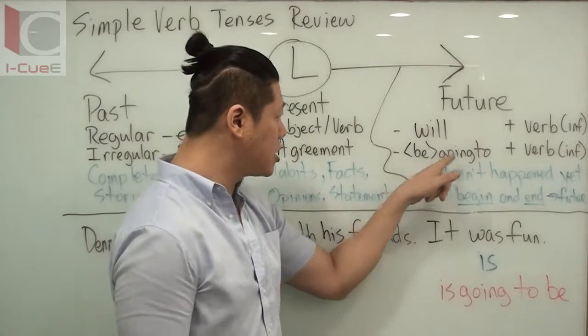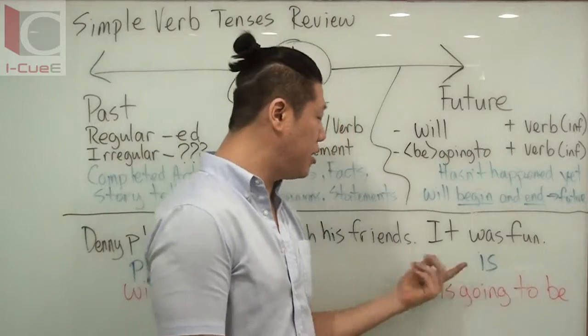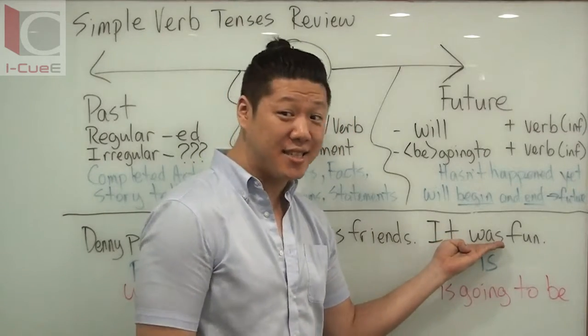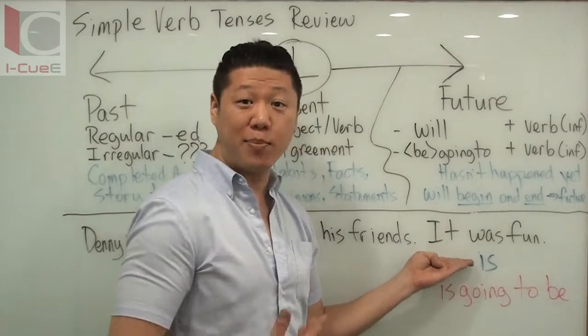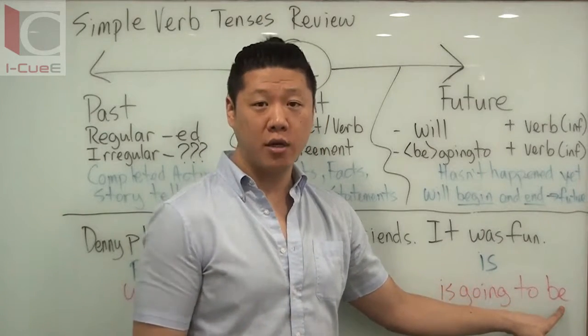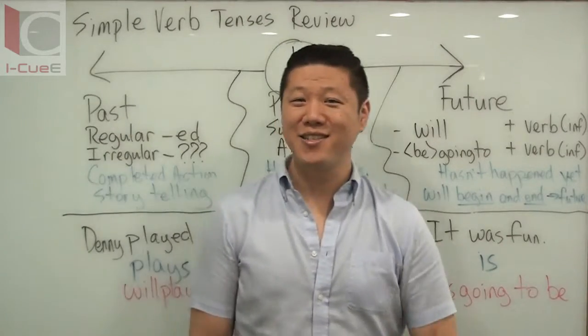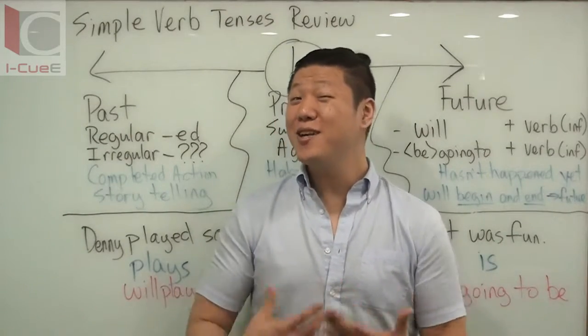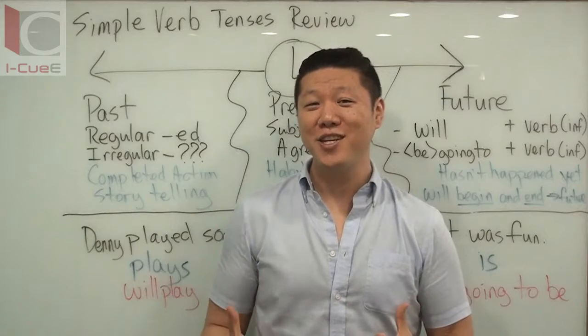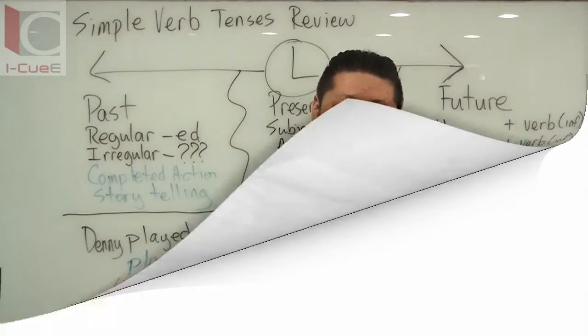So it is going to be is my infinitive that I'm using in this sentence, because was is the past tense of be, is is one of the present tenses of be, and this is just your bare infinitive of the be verb. So that is all your simple tenses. It's a review with a little bit extra. If it's still confusing, well, we have a review section coming up. So, let's review.